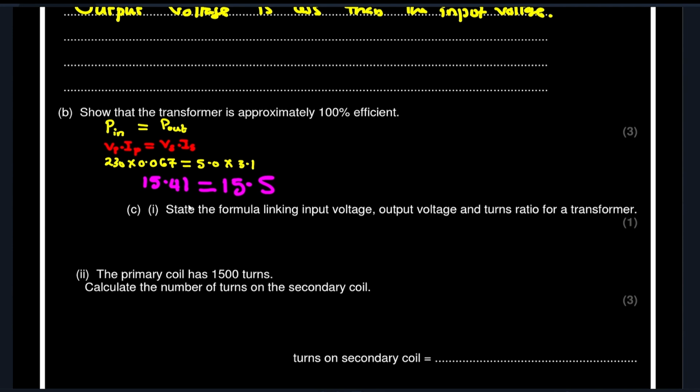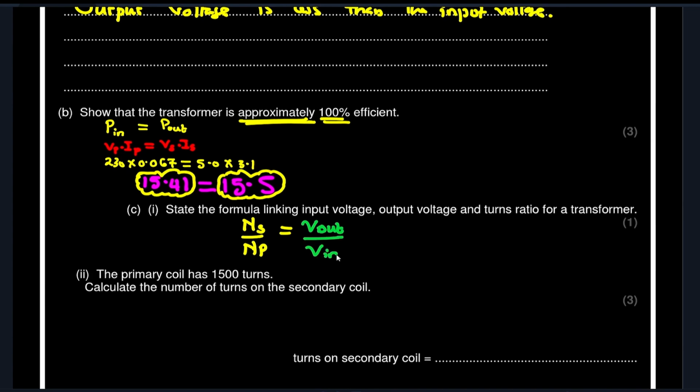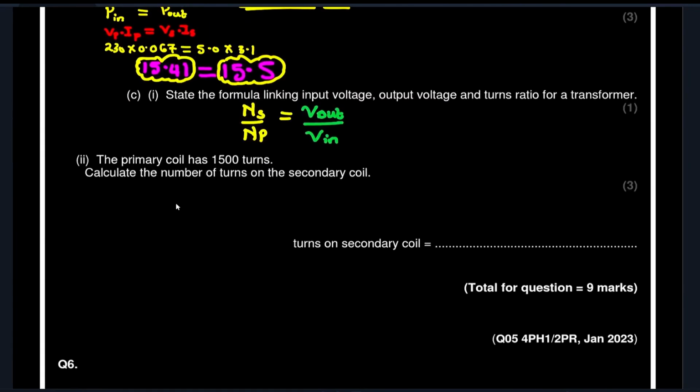State the formula linking input voltage, output voltage, and the turn ratio. Actually, we have answered this before. Let us just put it down so that we can go straight ahead and work out the next question.